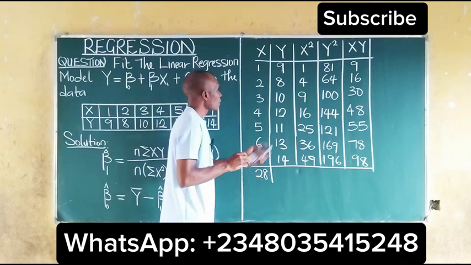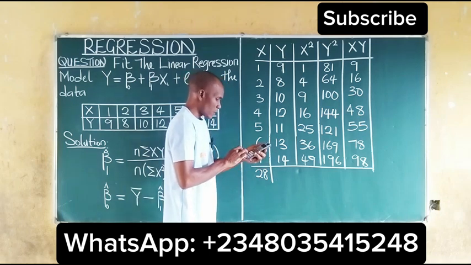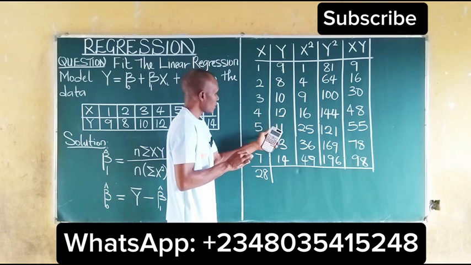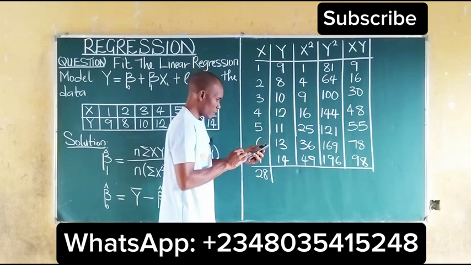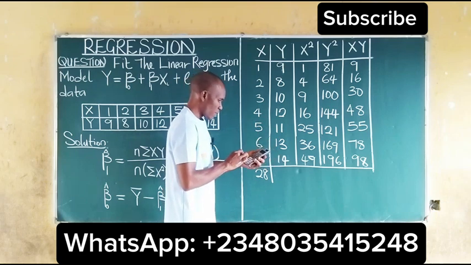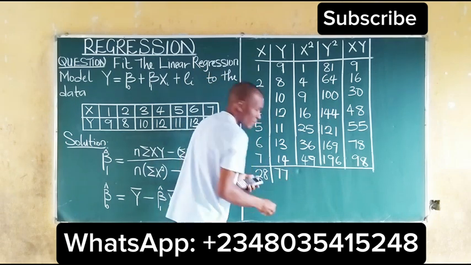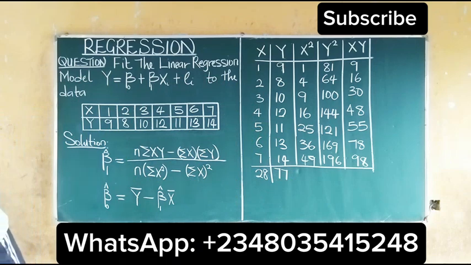The next one we have 9 plus 8 plus 10 plus 12 plus 11 plus 13 plus 14, which is 77.